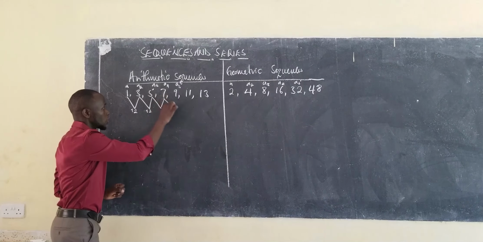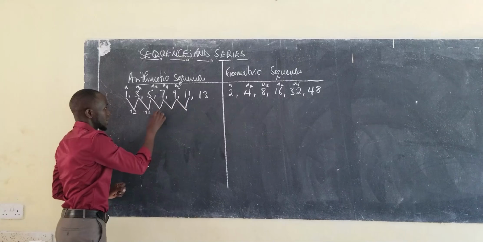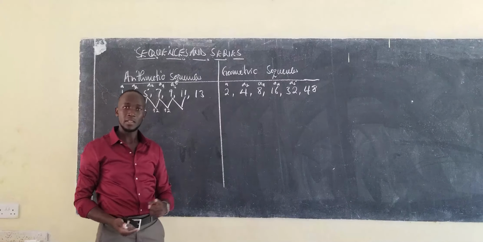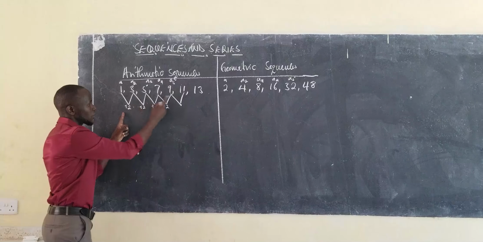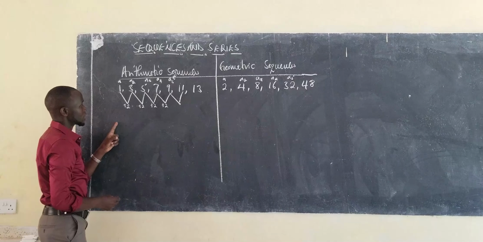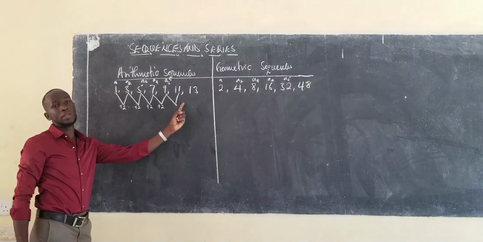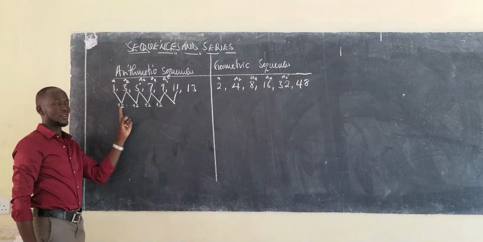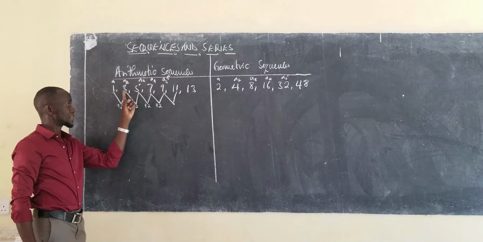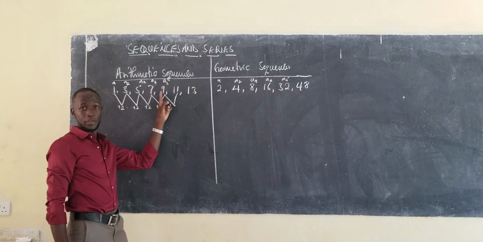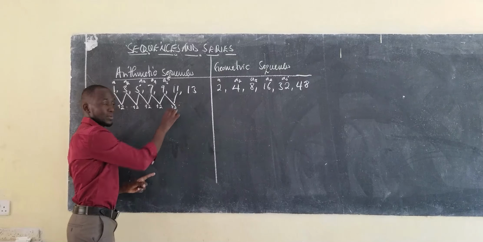You're going to go on adding a 2 to get the next figure. So the second term minus the first gives 2, the third term minus the second gives the same. Even the sixth term minus the fifth, you end up getting your 2.